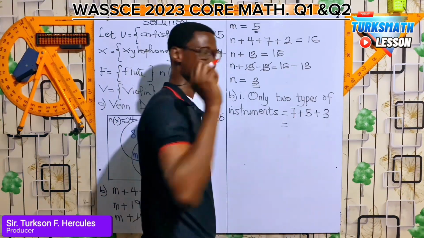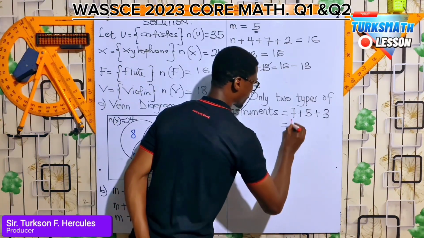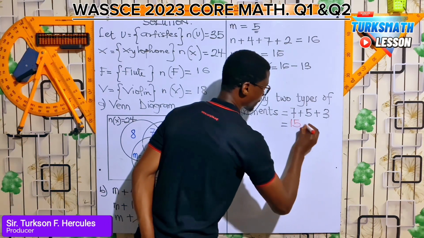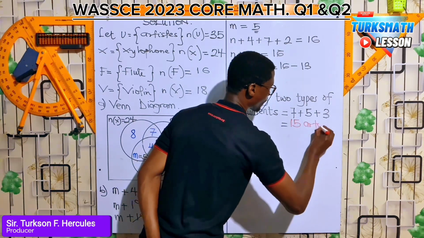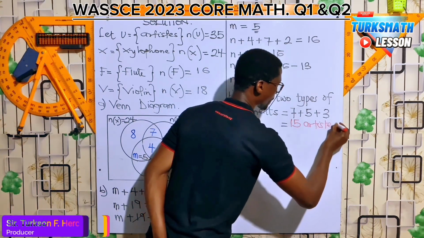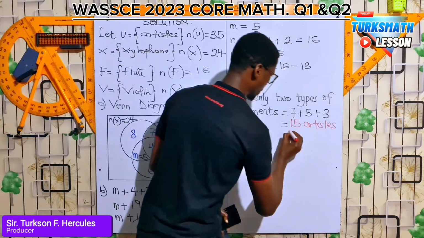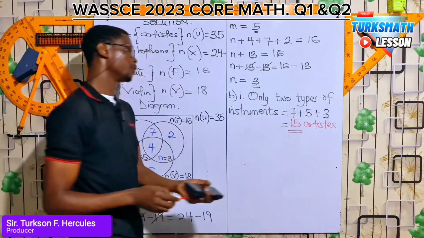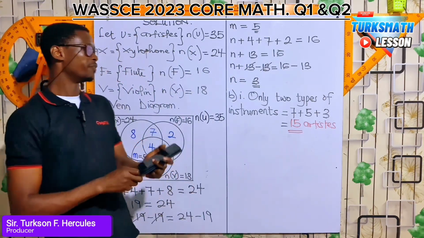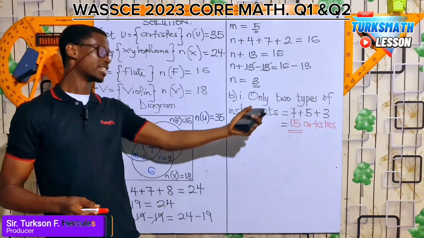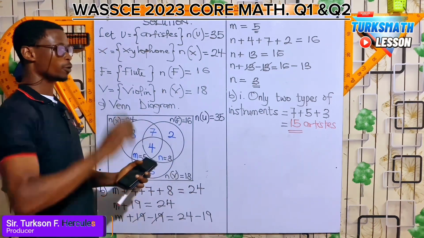So we have 15 artists. So 15 artists prefer only 2 types of what? Instruments. Now let's go to Roman number 2.